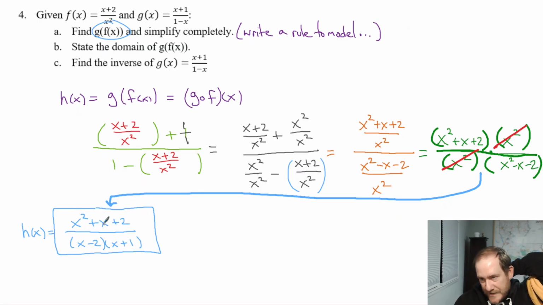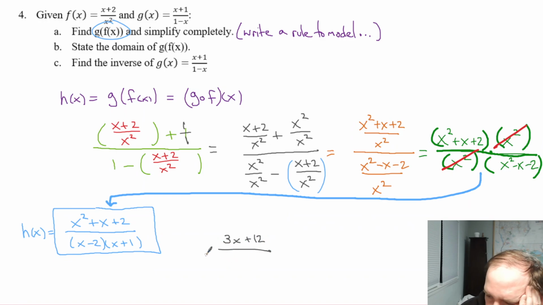If the numerator did factor, I would have to factor it. And if any of the factors in the denominator canceled, I'd have to list any restriction that we lost by doing that. What do I mean by that? Just like we saw in the quiz, we had like a 3x plus 12 in the numerator. And in the denominator, we had some quadratic that factored down to x plus 4, x minus 2.